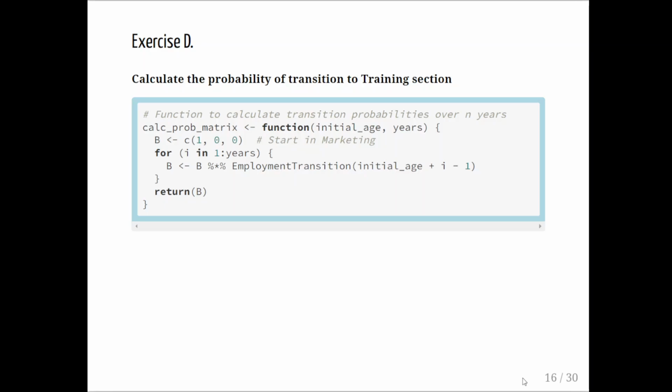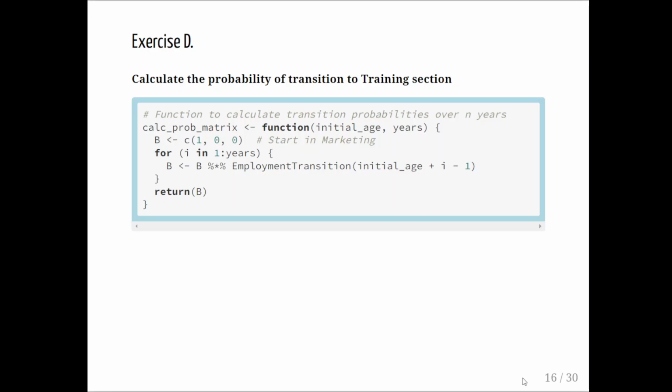So the initial age in this case is 30 and 40, and the years is how many years down the line we want. Essentially we use the matrix and multiply it by itself 3 years or 5 years. We're told that in both cases they start off in marketing, the first state.